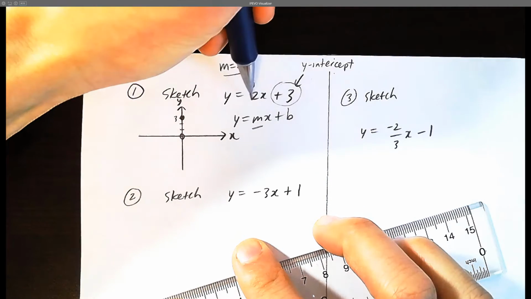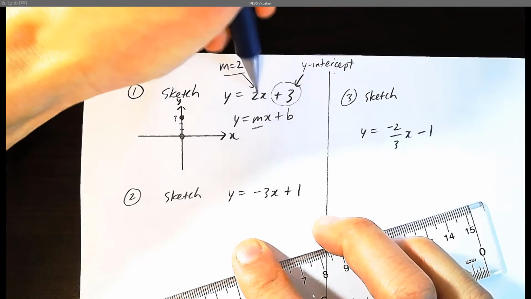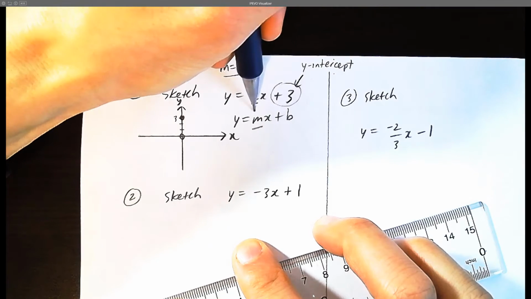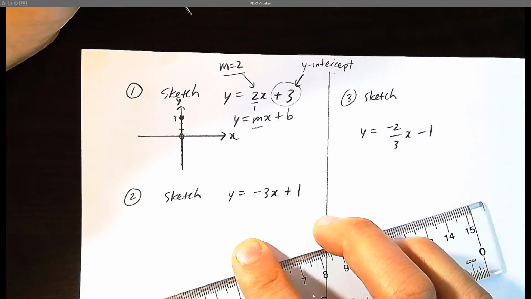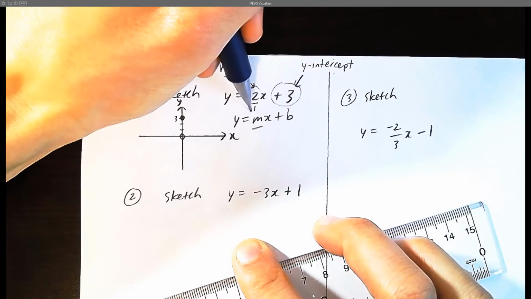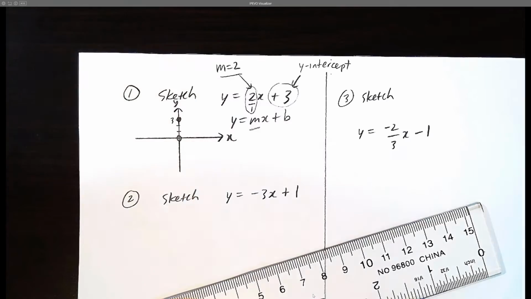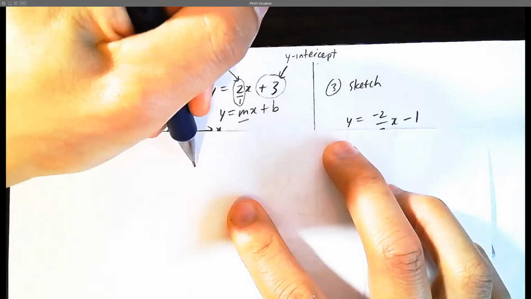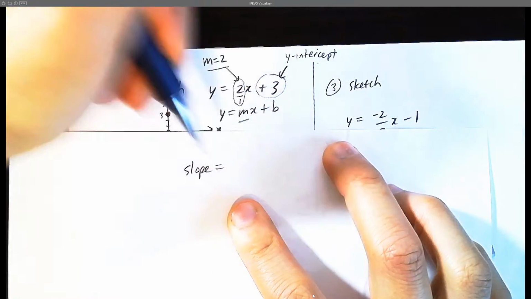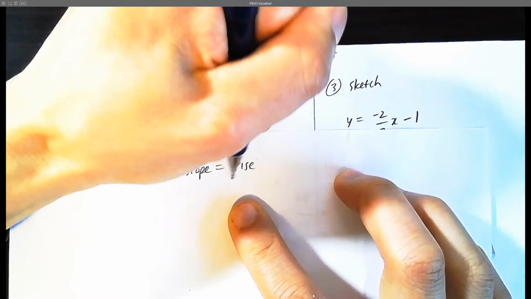Now, how do you sketch a slope of 2? The slope of 2 is the same thing as 2 divided by 1. It's the same number. 2 divided by 1 is 2. So focus on the slope here. And we're going to remember that slope is equal to rise over run.